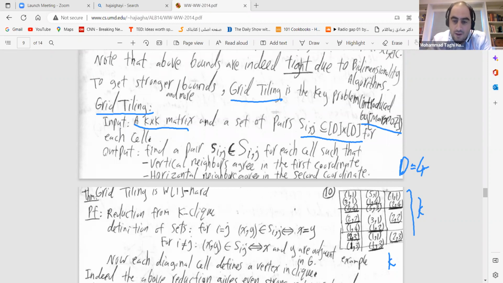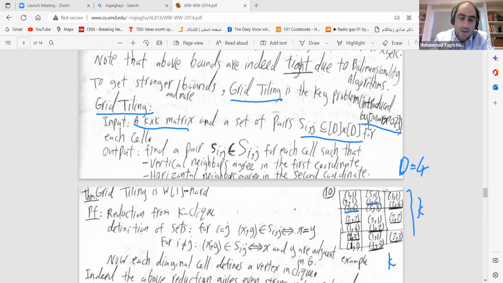This one has (5,1), (1,4), (5,3), and this is (1,1), (2,4). So for each cell, a subset of pairs is given. You want to select exactly one pair from each cell, such that we have this property.